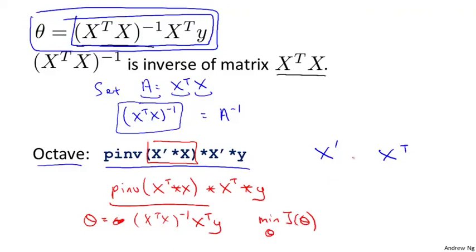One last detail. In an earlier video, I talked about feature scaling and the idea of getting features to be on similar ranges of scales, or similar ranges of values of each other.